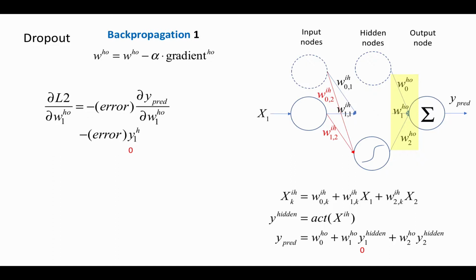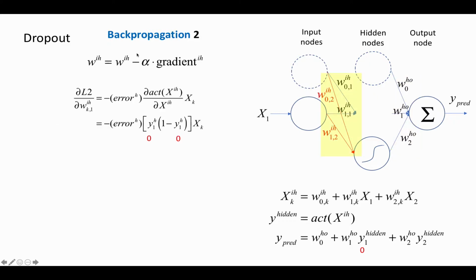The next thing you have to do is also stop it from contributing to the update of the weights. For these weights here, they're updated through this gradient, and this gradient actually depends on y hidden again. You don't want to update this weight, but it depends on y hidden 1, so if you set that to 0, the gradient will be 0 and the weights will not be updated. The same thing applies for updating these weights here.